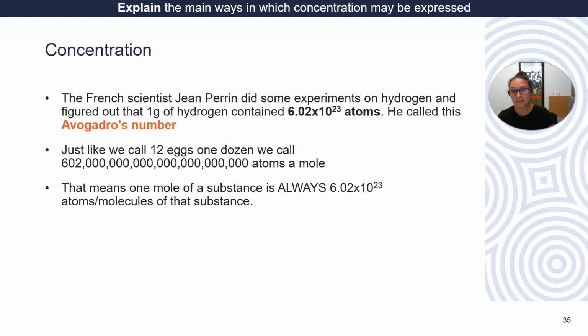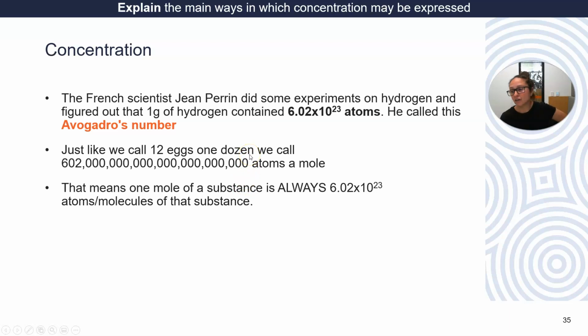Now, 1 mole of a substance is always this many atoms. So if I ask you to grab me a mole of hydrogen atoms, you would grab me this many hydrogen atoms.